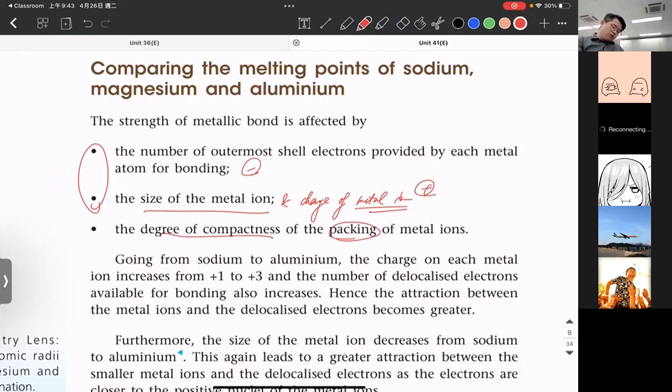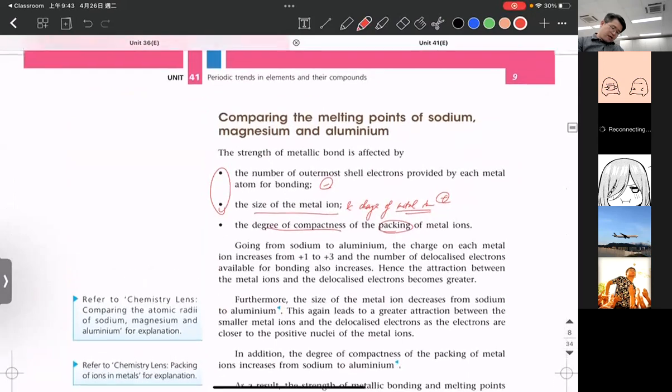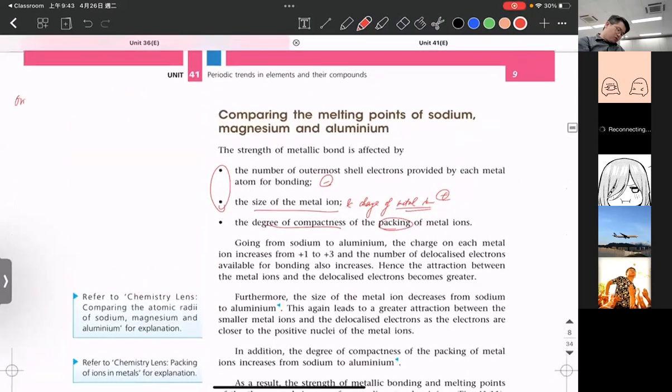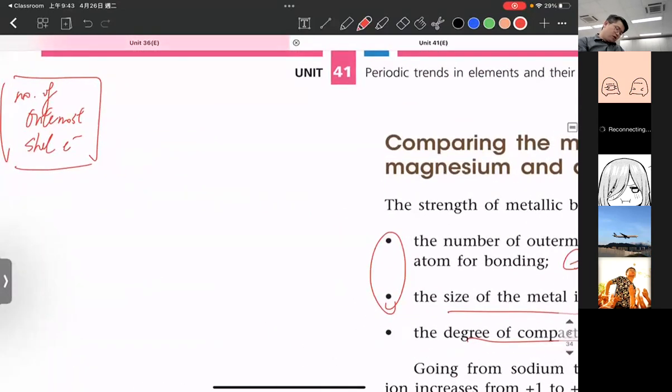Now, we would recall your memory about all those. So we would mention it like this. All of you, please copy it down if you still haven't memorized it. The number of outermost shell electrons would affect the strength of metallic bond.